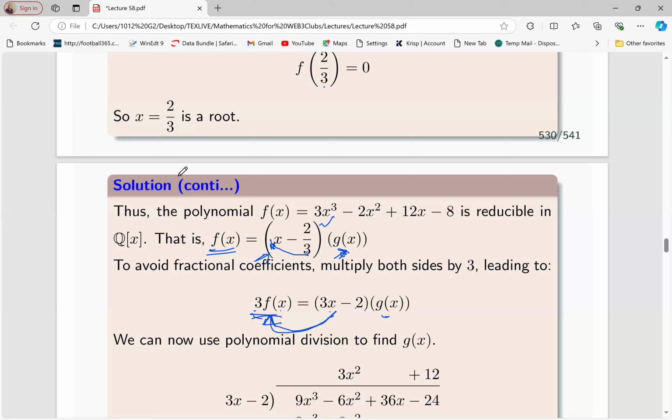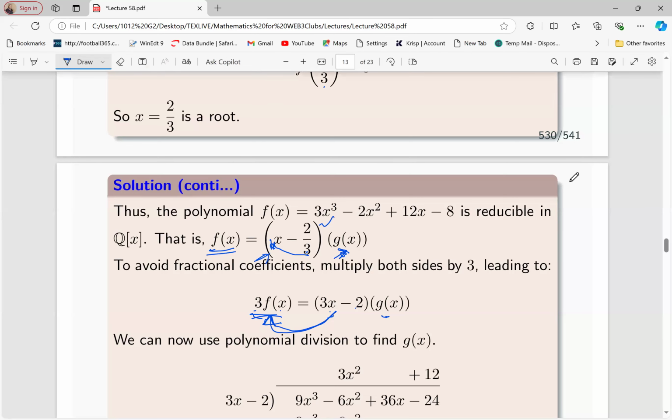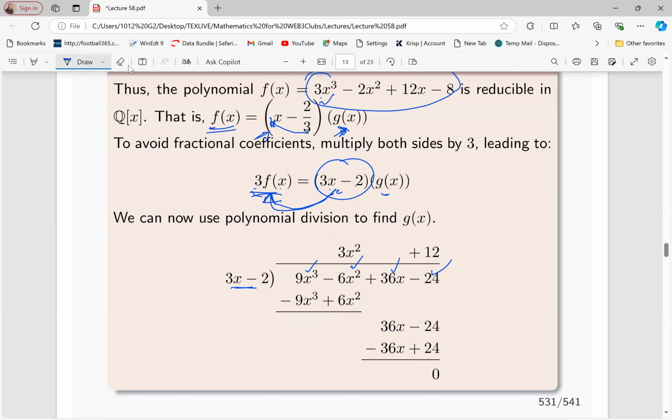So our original polynomial, when you multiply it by 3, you get 9x cubed, negative 6x squared, plus 36x, minus 24. Then the other polynomial that I want to divide by, I put outside. Then do the same division as yesterday until you get the remainder.